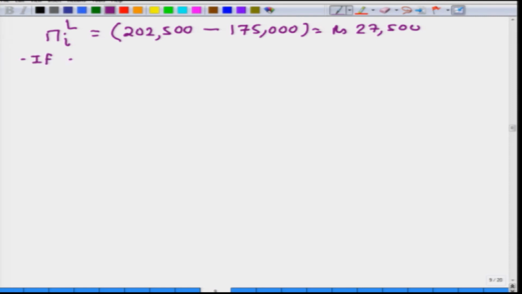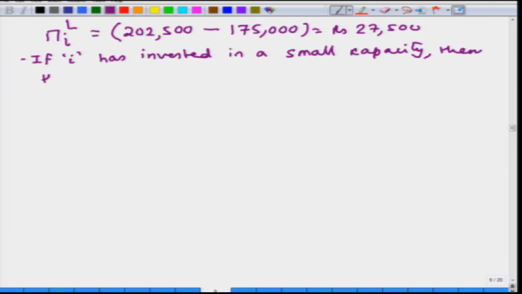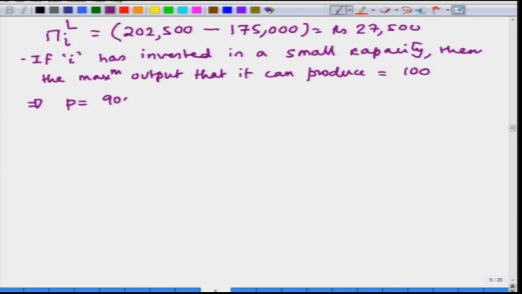On the other hand, if I had invested only in a small capacity, then the maximum output that it can produce is 100, in which case the price would be 900 minus 100, which is equal to 800.